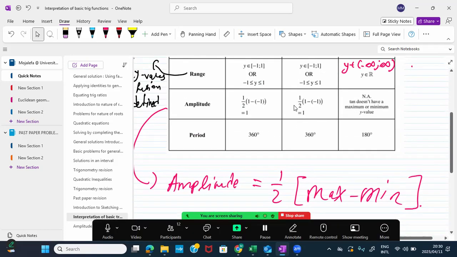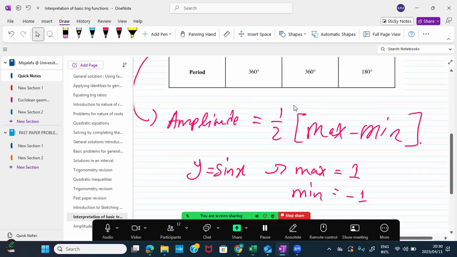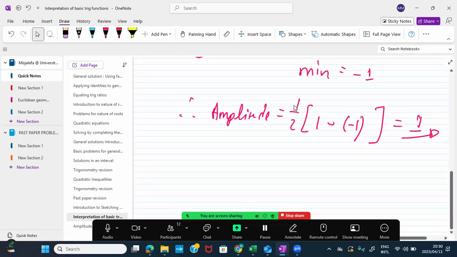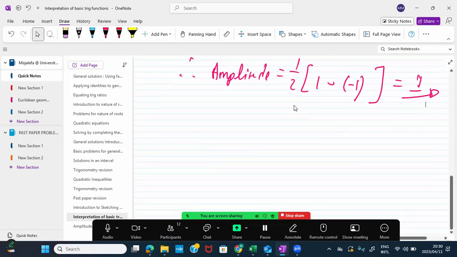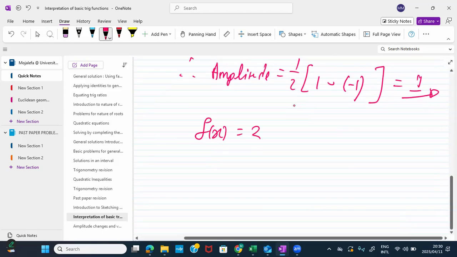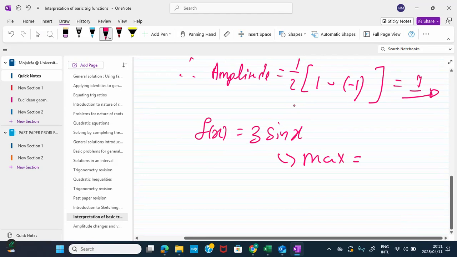Then if I give you the graph f of x is equal to 3 sine x, what will be the maximum of this graph? What will be the minimum? You have to remember this from grade 10, guys.